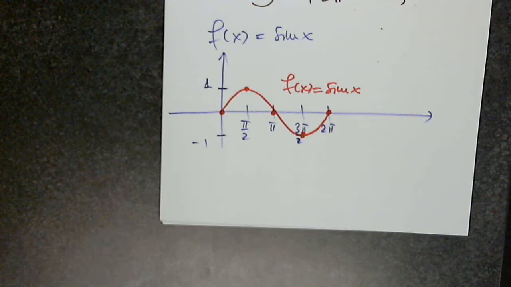Now let's go to window. We can show more, but I want to show for now from 0 to 2 pi. Here's your pi right here where the caret is. So between 0 and 2 pi. The scale of pi over 2. So pi divided by 2. How high do I want to be?